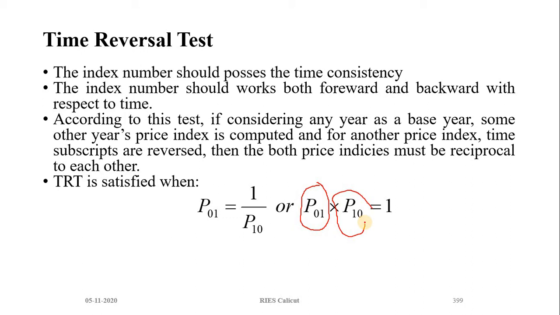Then you multiply both values, you should get 1. That means the index number should be time consistent. Even if you change the time, it should not vary. This is the idea behind the time reversal test.